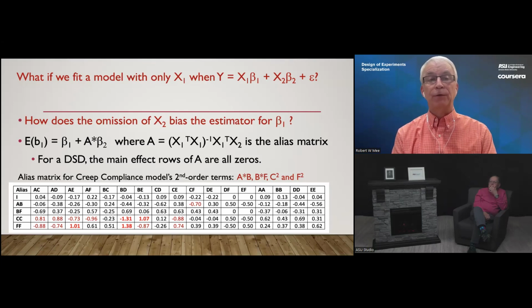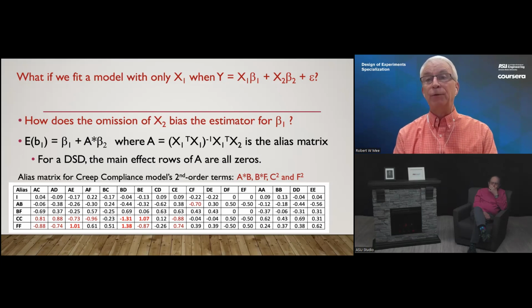Well, there is a calculation using a matrix called the alias matrix, which depends entirely on the known matrices X1 and X2. And so we'll call that matrix A. Then the expected value of the least squares estimator for beta 1 is the true beta 1 plus this matrix A times an unknown beta 2.